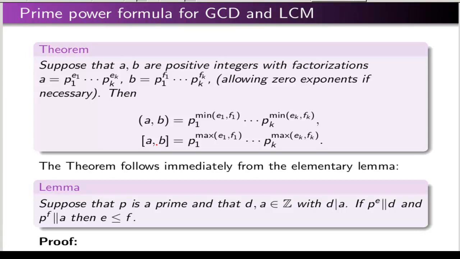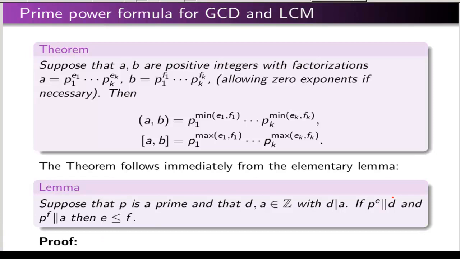So to give a formal proof, we need the following lemma. Suppose that P is a prime, that A and D are integers, with D a divisor of A. If P to the E exactly divides D, and P to the F exactly divides A, then we claim that E must be less than or equal to F. Okay, so why is this?